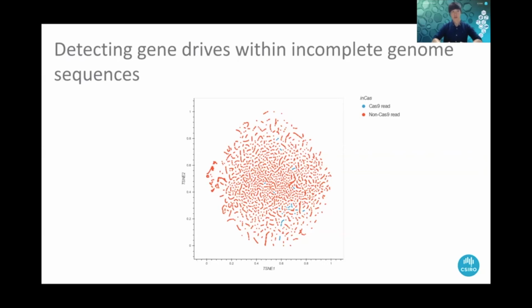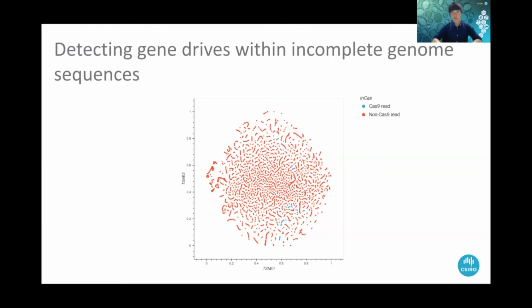So the plot shows the genomic signatures of each sequenced read. Genomic signatures of reads mapping to the Cas9 sequence are highlighted in blue, while genomic signatures of reads mapping to the rest of the theoretical sequence are highlighted in red. And from the plot, we can see the relative similarity between reads based on their genomic signature.